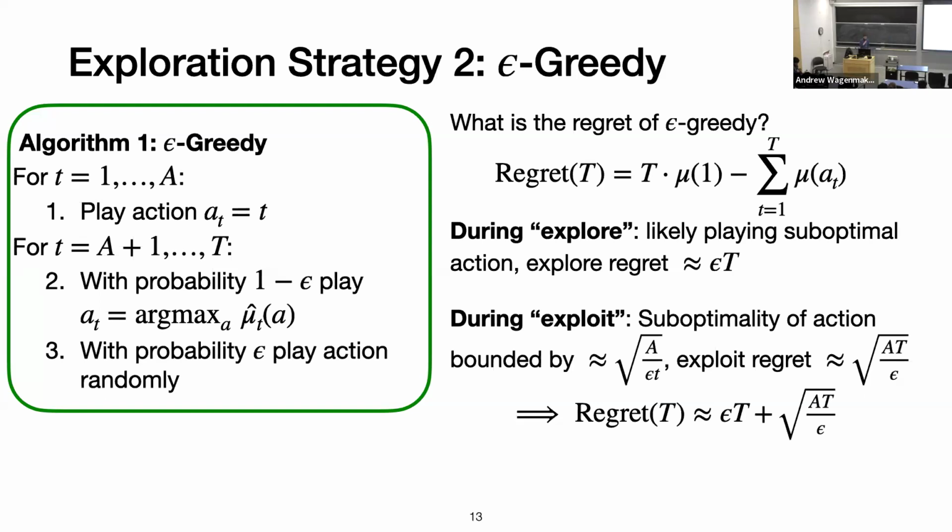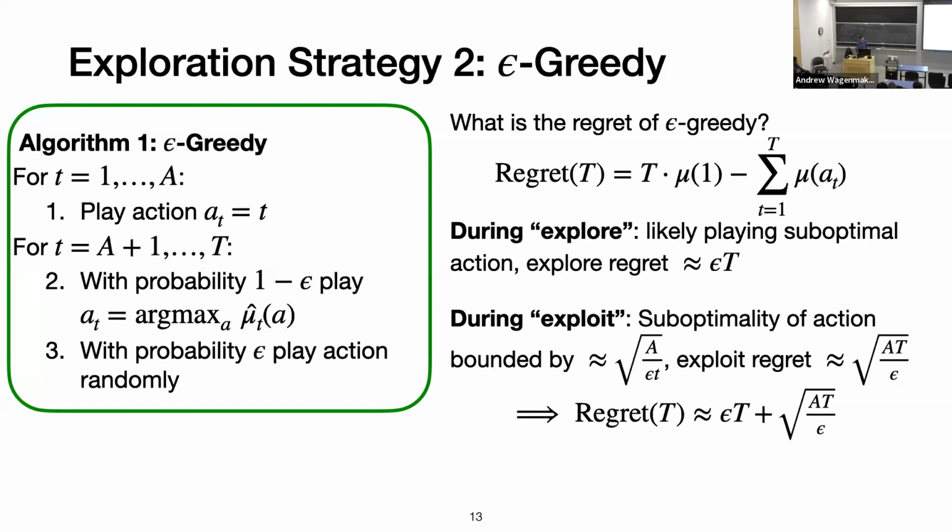From this, your regret during exploiting is the square root of A times t over epsilon. So the regret for epsilon greedy is the regret during exploration, epsilon times t, plus the regret during exploitation, the square root of A t over epsilon.